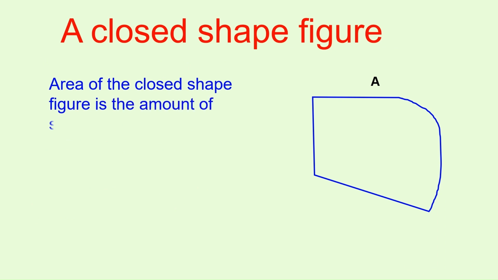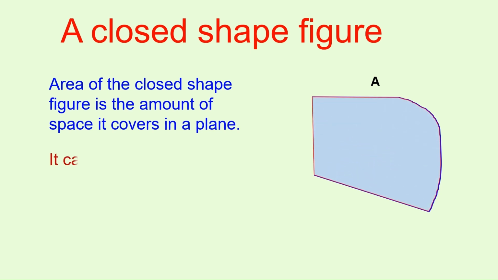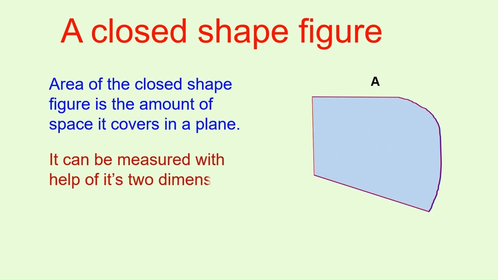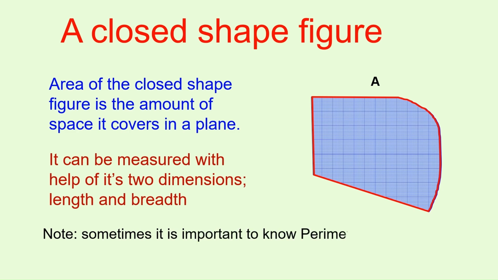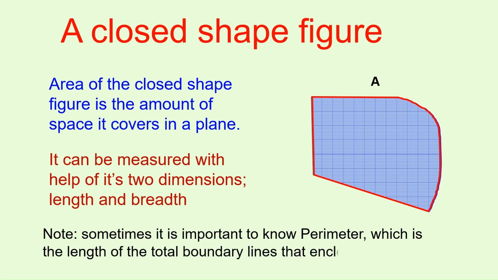The area of the closed-shaped figure is the amount of space it covers in a plane. It can be measured with help of its two dimensions, that is, its length and its breadth. Note: sometimes it is important to know the perimeter, which is the total length of the complete boundary lines that encloses the figure.